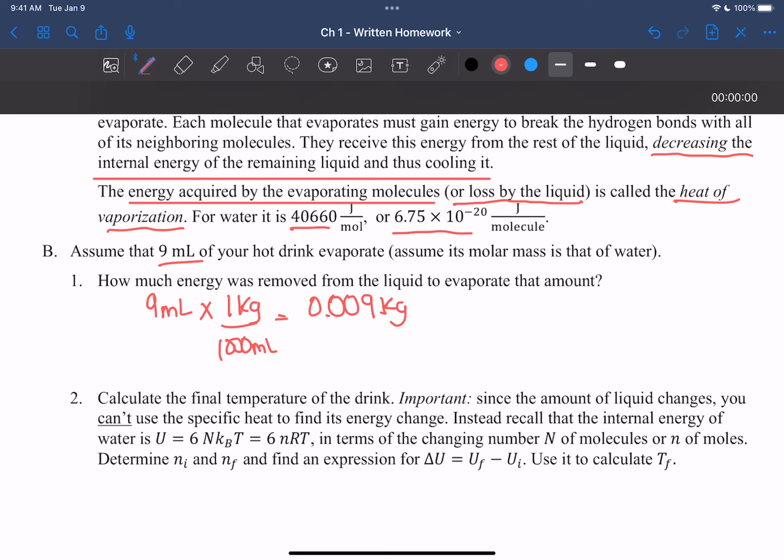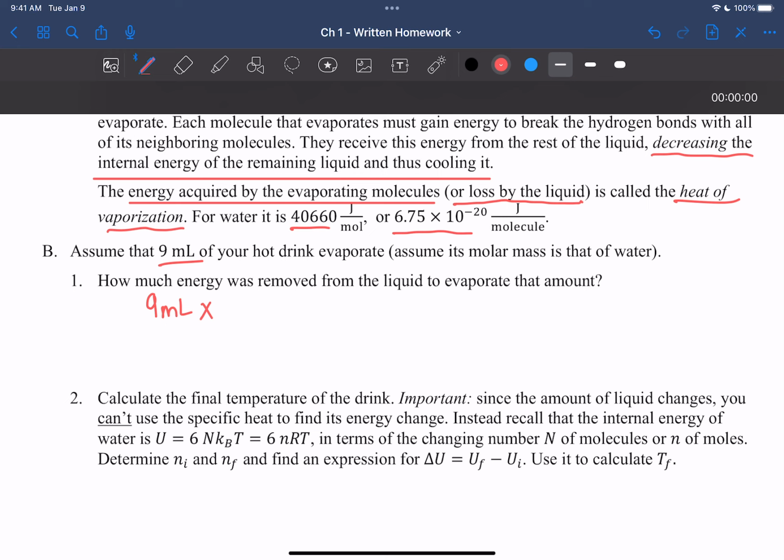Actually, let me think about it real quick. If we want to use these values here, like the heat of vaporization, and it's in moles, then I think it would probably be better if we don't convert to kilograms and instead convert to grams. From grams, we can convert to moles using molar mass.